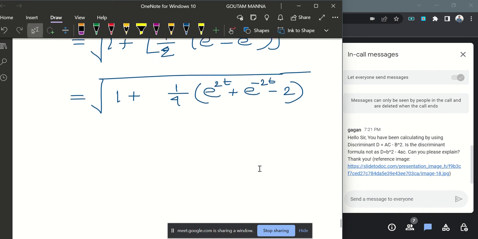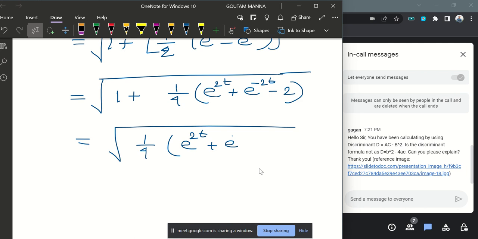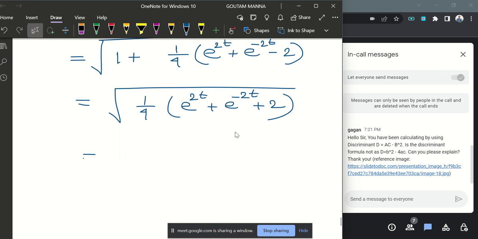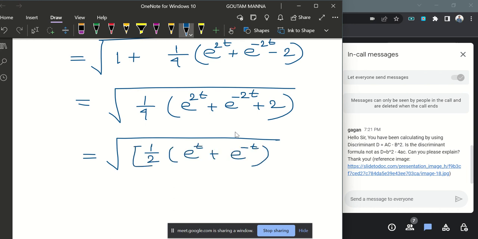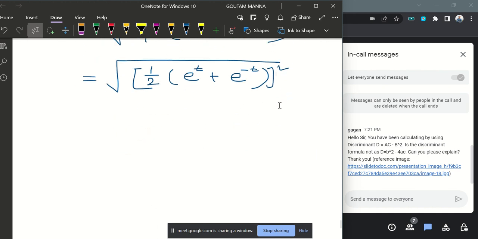So you will have 2 here. Now if you do this calculation, you will get 1/4 (e^(2t) + e^(-2t) + 2), which is (1/2 (e^t + e^(-t)))^2. So this function inside the bracket is basically cosh t, and you are squaring it and then taking the root again, so it will be cosh t.